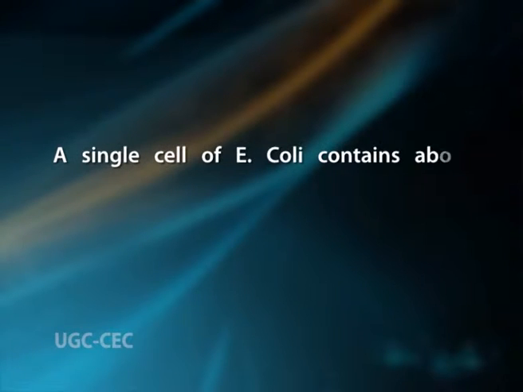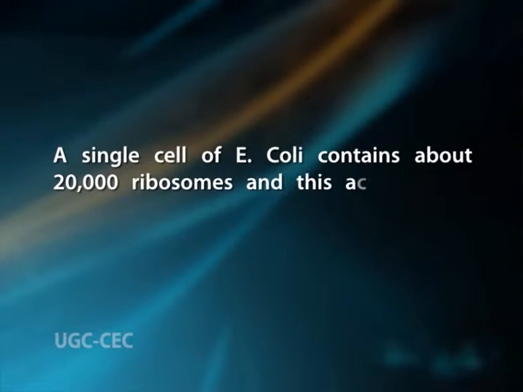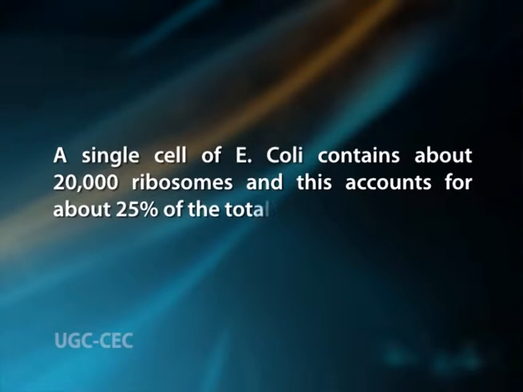There are about 10 billion protein molecules in a mammalian cell, and ribosomes produce most of them. A rapidly growing mammalian cell can contain about 10 million ribosomes. A single cell of E. coli contains about 20,000 ribosomes, and this accounts for about 25% of the total cell mass.